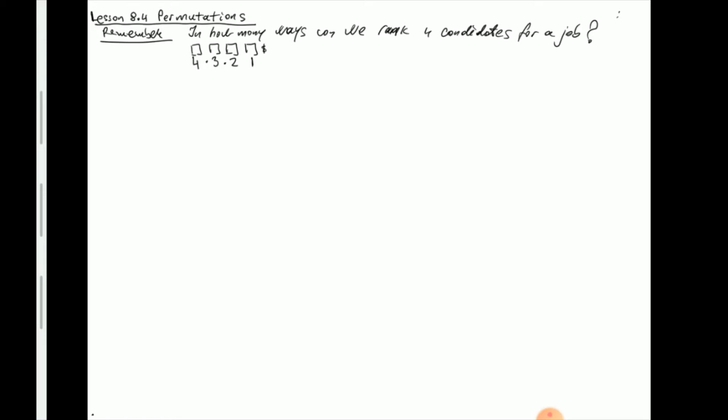So a direct application of the multiplication principle states that the number of rankings for 4 candidates is simply 4 times 3 times 2 times 1. Or since multiplication is commutative, you could also write it in reverse order, 1 times 2 times 3 times 4, which is 24 in this case.